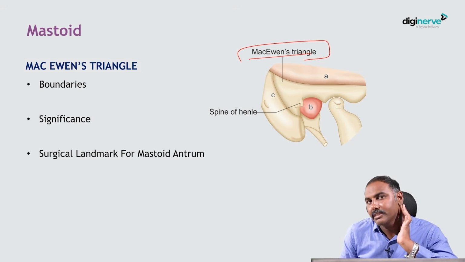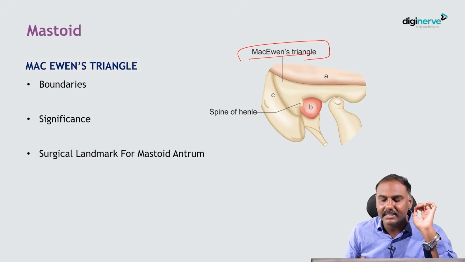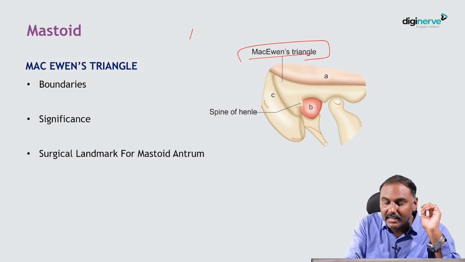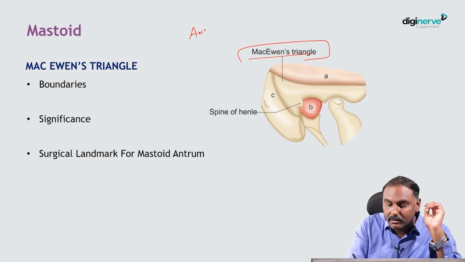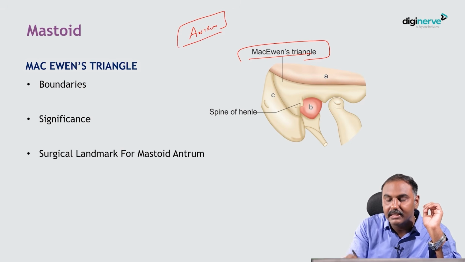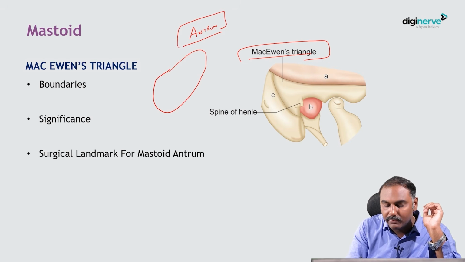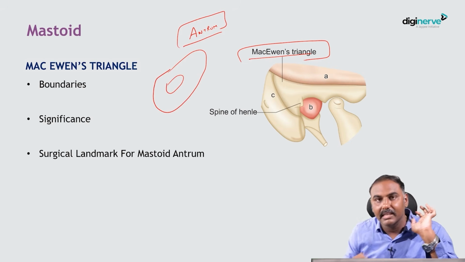This mastoid process contains many air cells, of which the biggest air cell is called the mastoid antrum. It has a honeycomb appearance, of which the biggest one is the mastoid antrum.